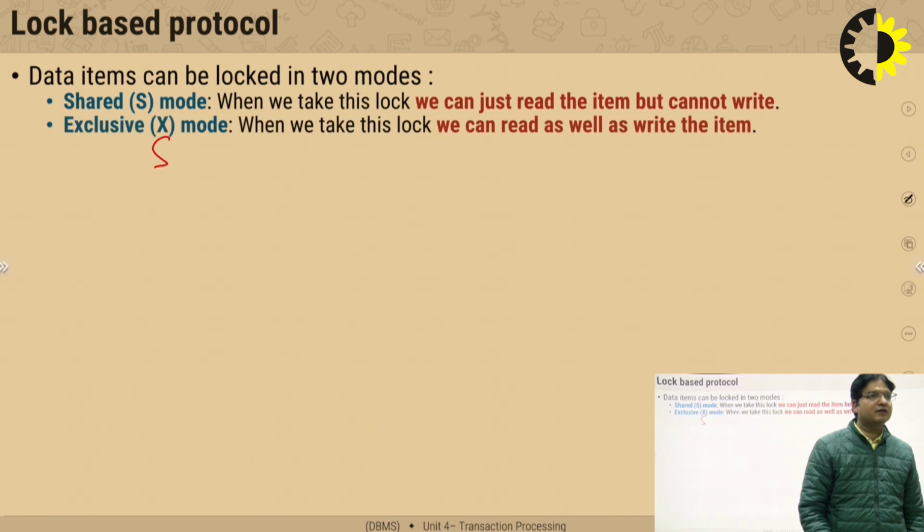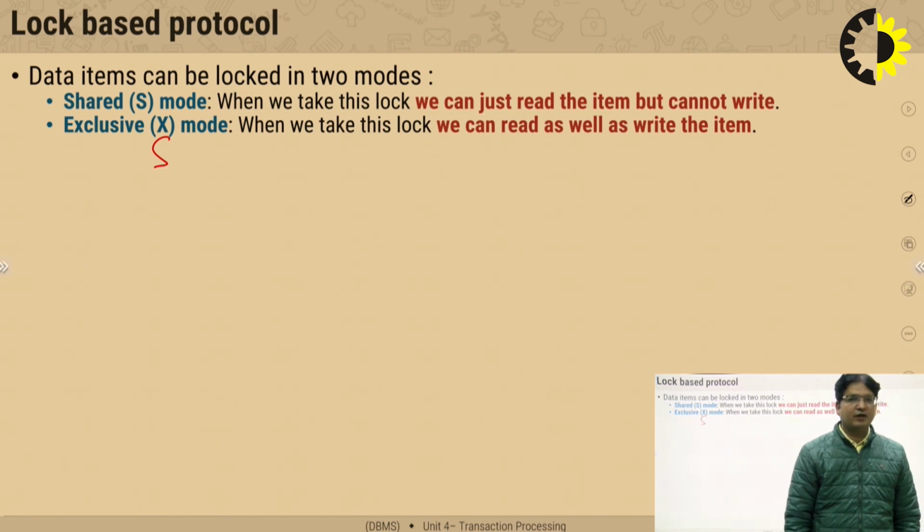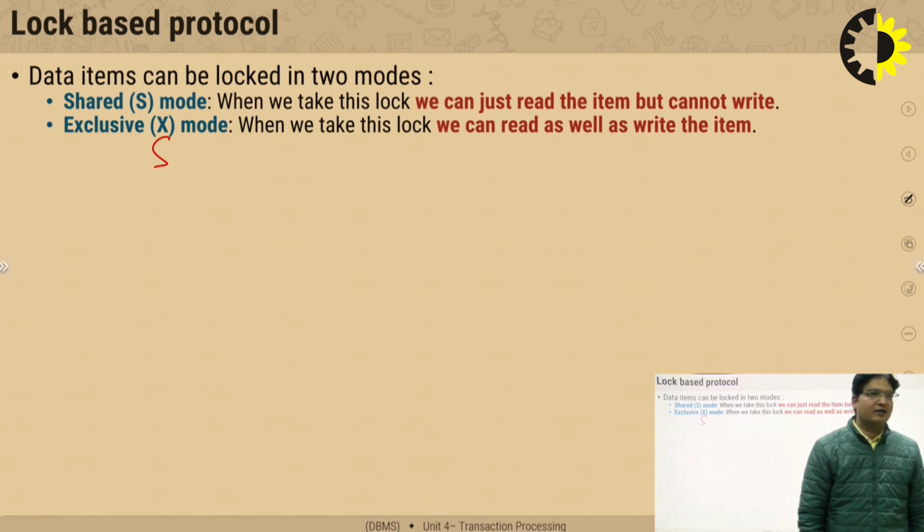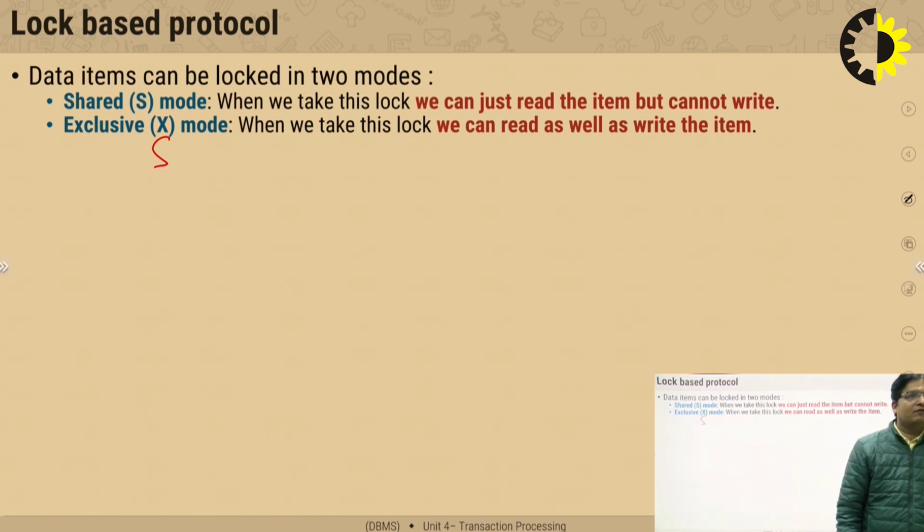Second mode is exclusive mode. When we take this lock, we can read as well as write a particular item. For example, if you want to update the value of a particular data item X, then we are going to apply an exclusive lock.